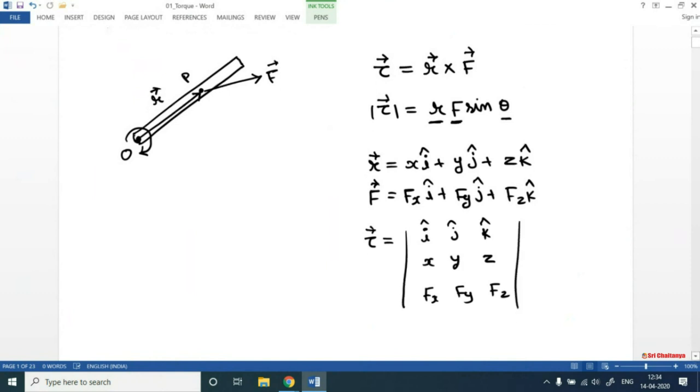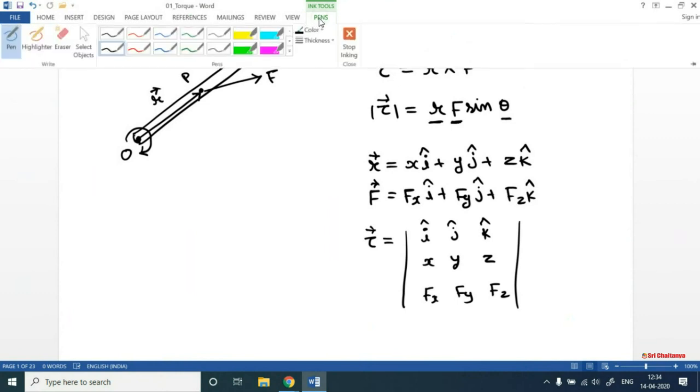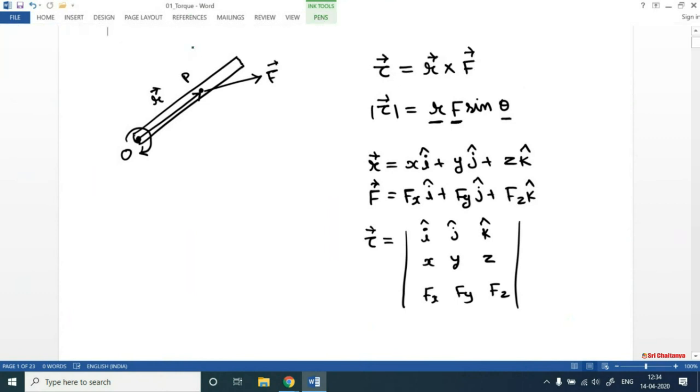Now let's look at this figure again. I was saying that torque is the capability of a force to rotate the body. Now you see, if we resolve this force into two mutually perpendicular directions, one direction is along the radius vector or position vector, and the other direction is perpendicular to it, and this angle is given to us as theta.